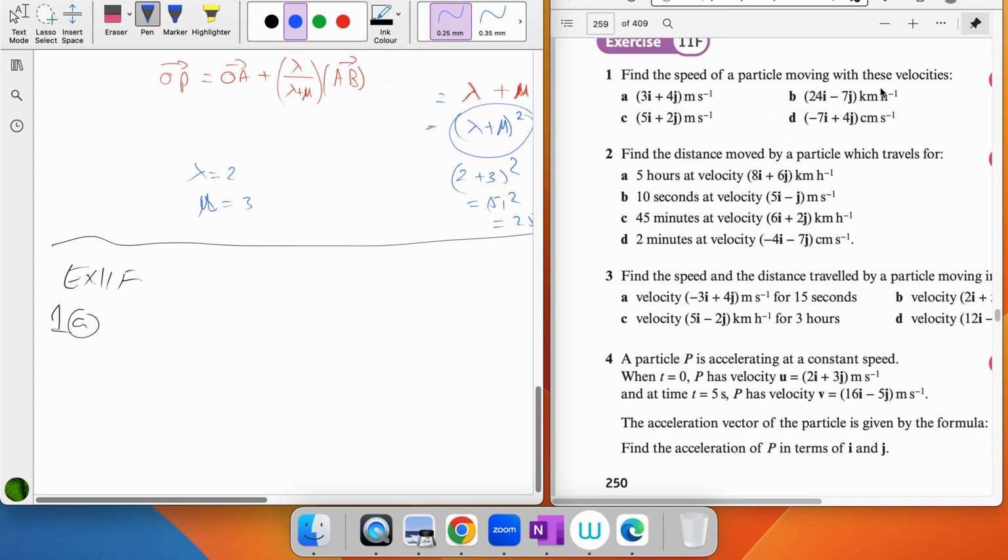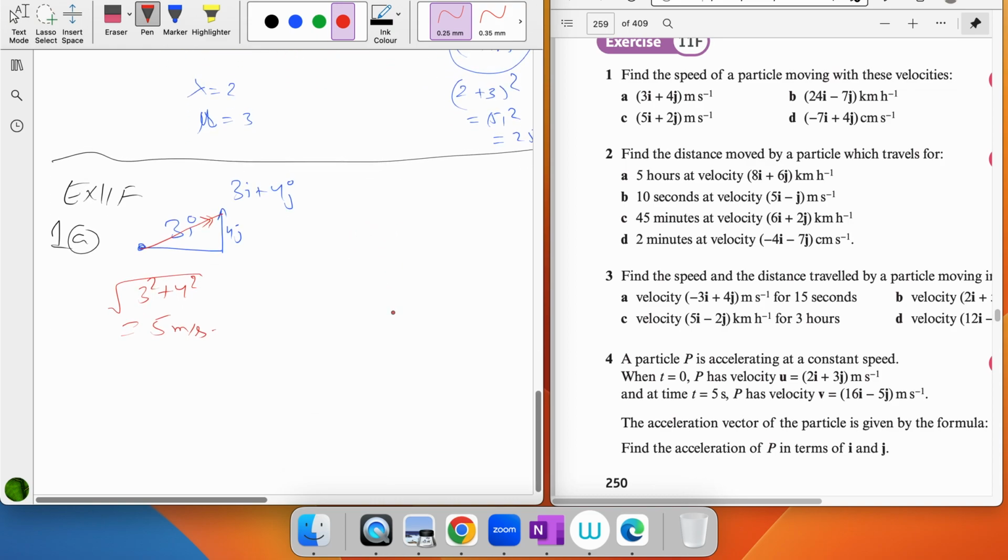Find the speed of particles with these velocities. A particle is moving in this direction, that is 3i. The main question is 3i plus 4j. This would look like this, and this is the resultant. So this would be the square root of 3 squared plus 4 squared. So that is 5 meters per second.